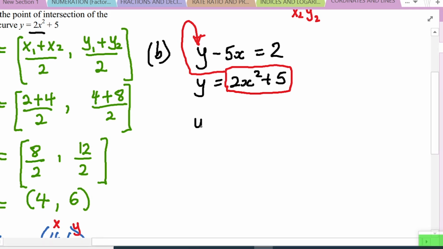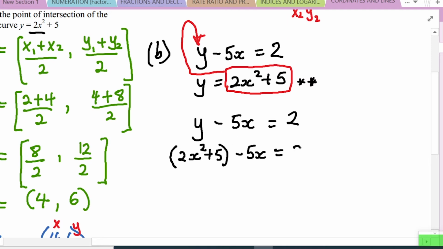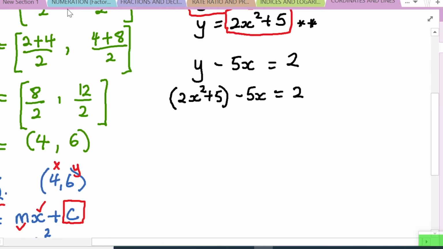So this means if y minus 5x is equal to 2, in the place of y, let's put this, so that we eliminate y and deal with x first. So it's going to become 2x squared plus 5, minus 5x is equal to 2. So let's go ahead and find the value of x first. So this means it's going to become 2x squared plus 5 minus 5x is equal to 2.